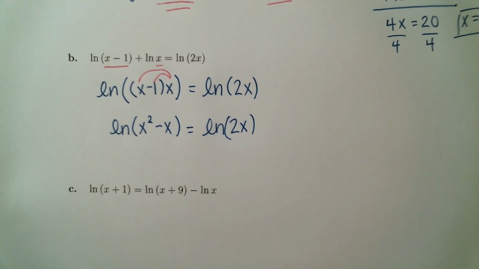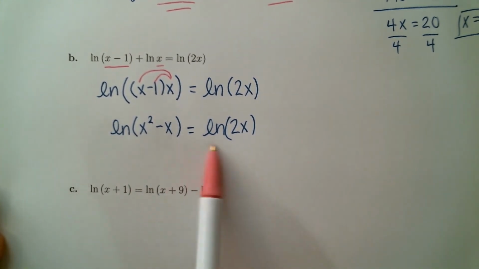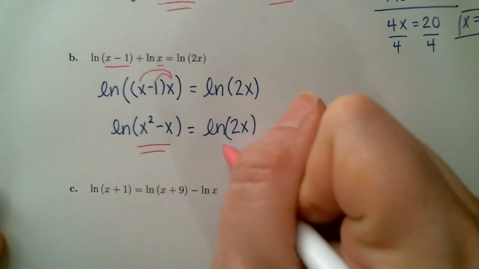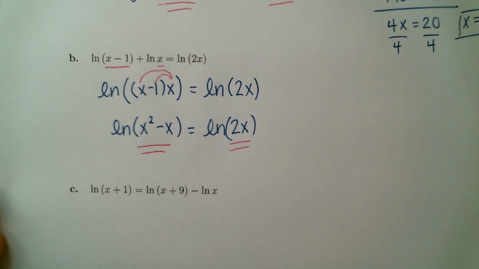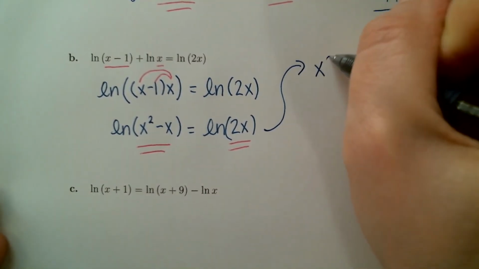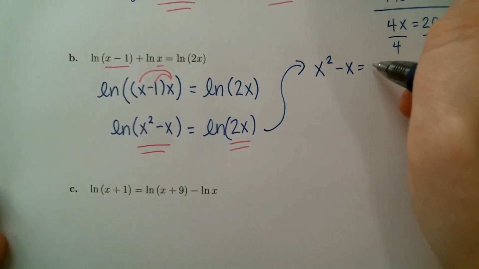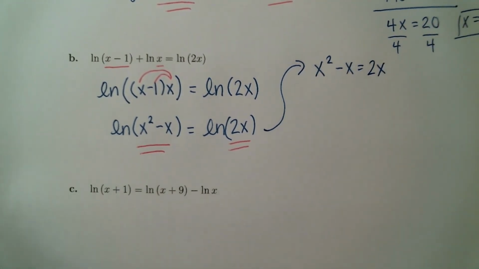So you've got the same logarithm on both sides. The only way this can be a true statement is if this quantity is equal to this quantity. So we're going to set the insides equal to each other. You're going to get x squared minus x is equal to 2x. Let me draw my little line.